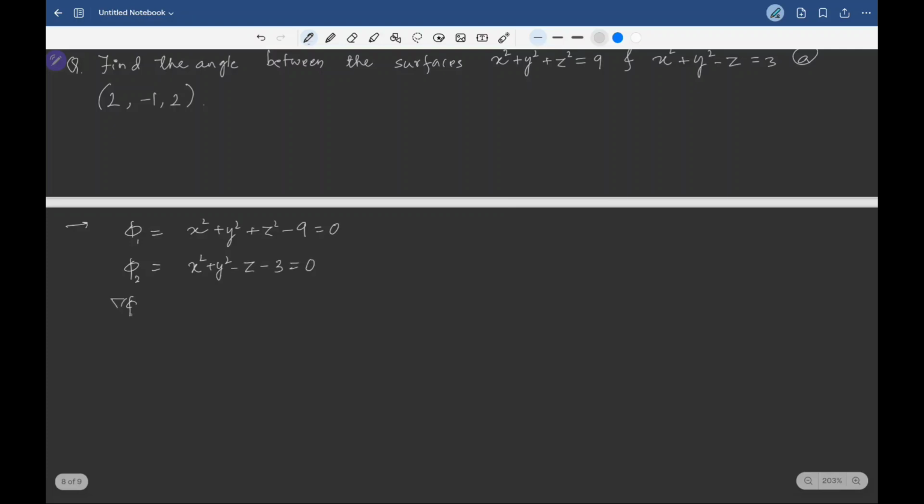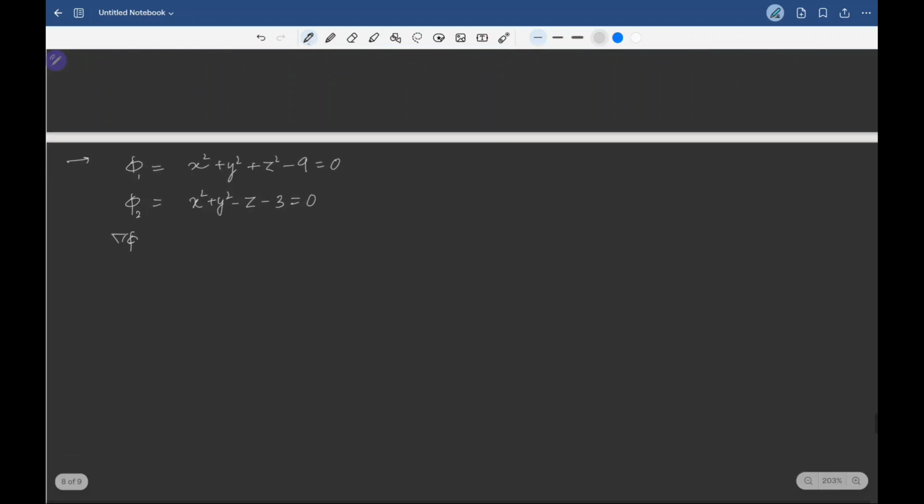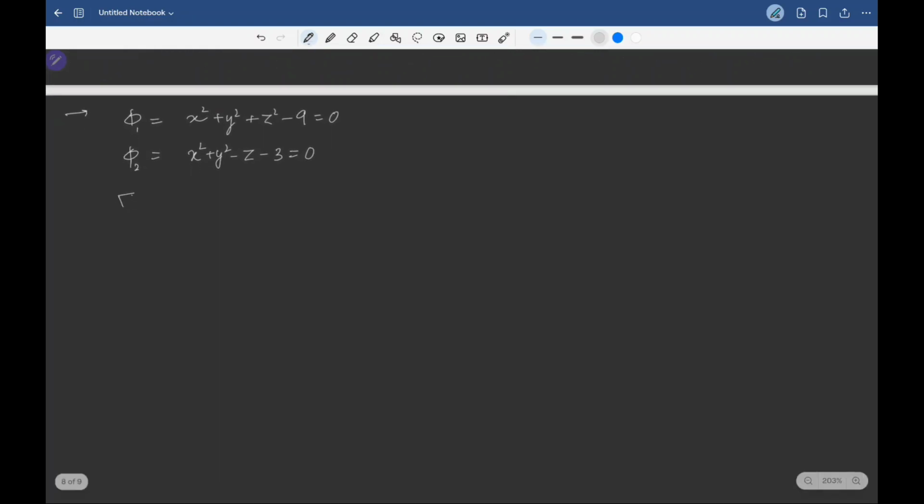Taking the del of phi 1, we get 2x i cap plus 2y j cap plus 2z k cap. Del phi at that particular point, what is the point? I'll write it here. The point is (2, -1, 2).